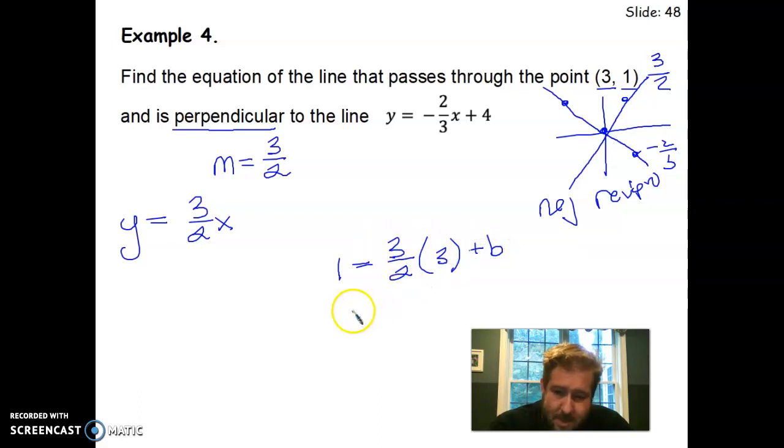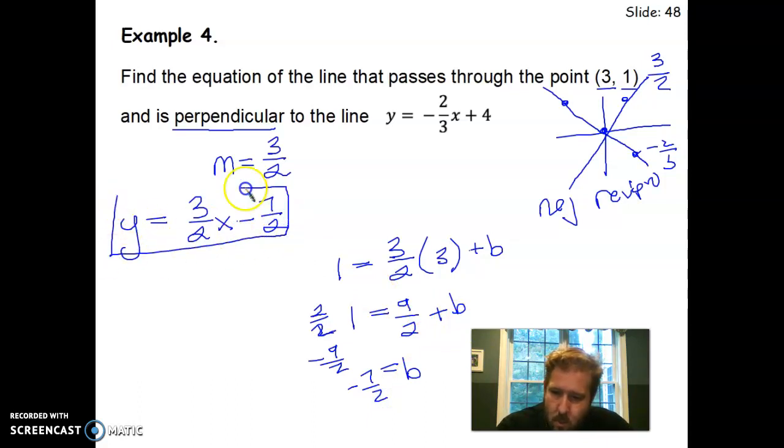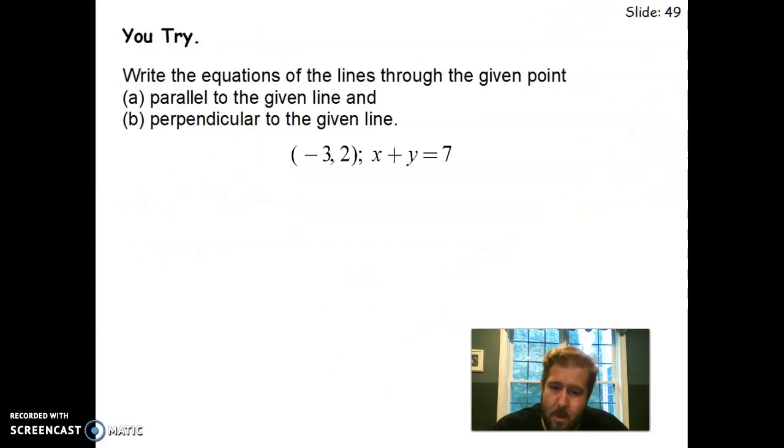Now, 3 times 3 is 9/2. All right, and then subtract 9/2 from both sides. Remember, 1 is 2/2, same thing, 2/2. 2/2 minus 9/2 is going to give me negative 7/2. And there is our equation, because that's the y-intercept of the new perpendicular line.